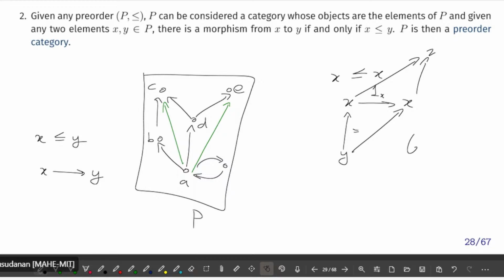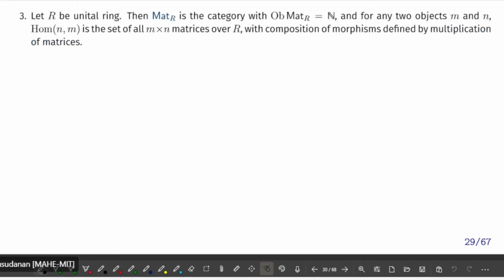Just because you have some homomorphism, that doesn't mean the order category, of course, we will see. Another nice example again shows this need exactly.